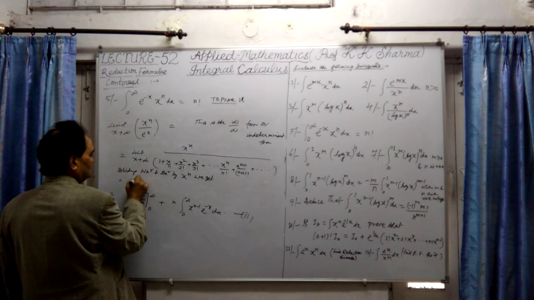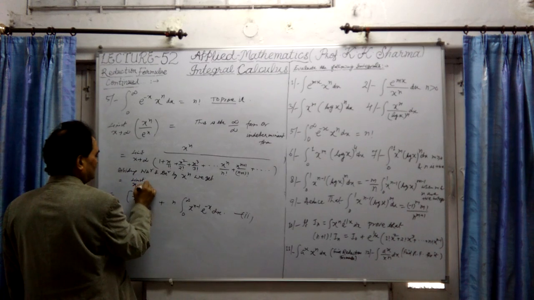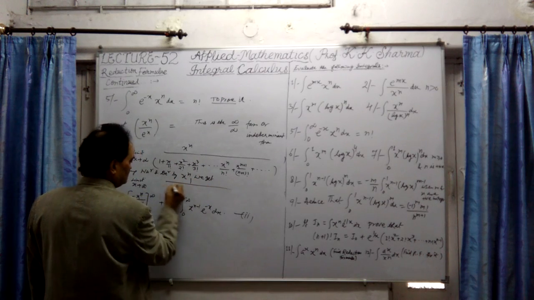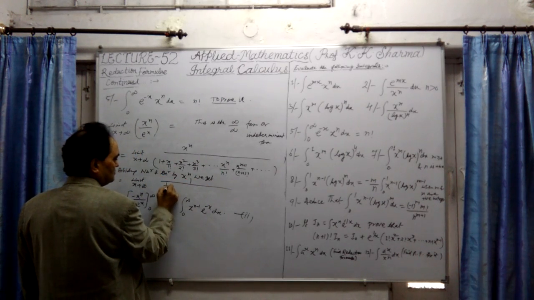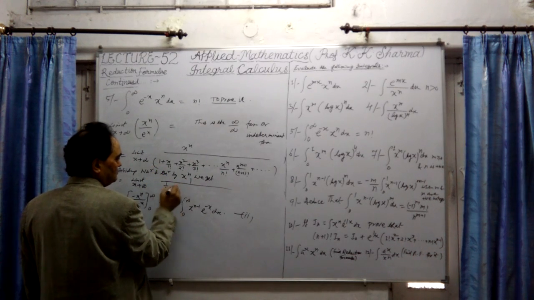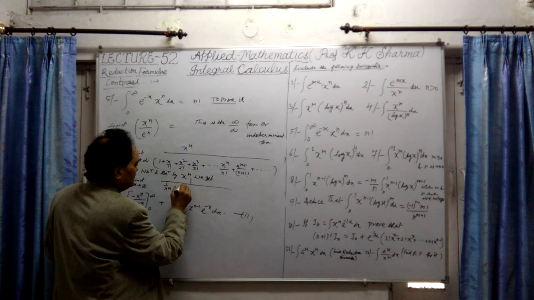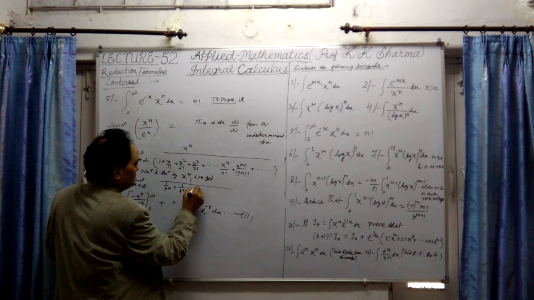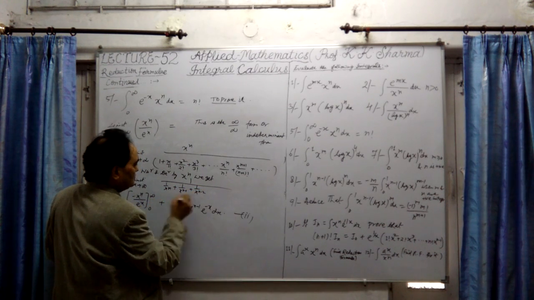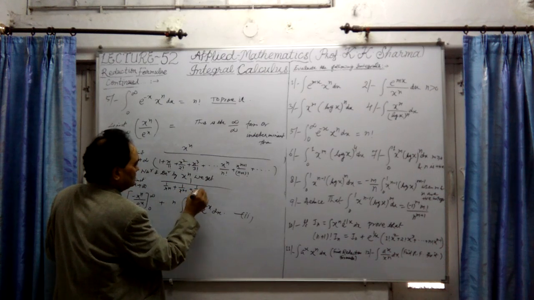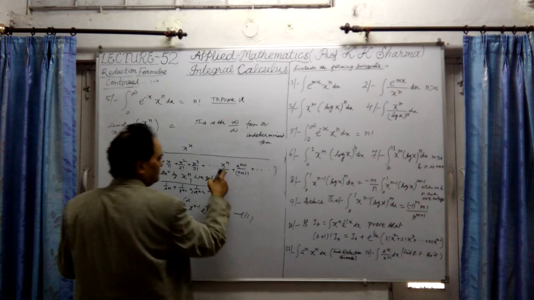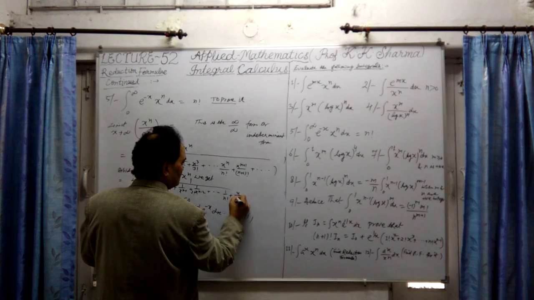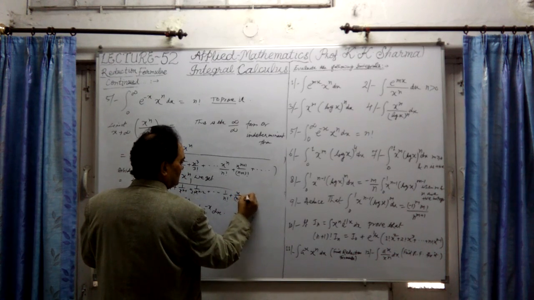The limit as x tends to infinity will be 1 upon x raised to the power n, plus 1 upon x raised to the power n minus 1, plus 1 upon x raised to the power n minus 2 into factorial 2, and so on, plus 1 upon factorial n, plus x upon factorial n plus 1, and so on.